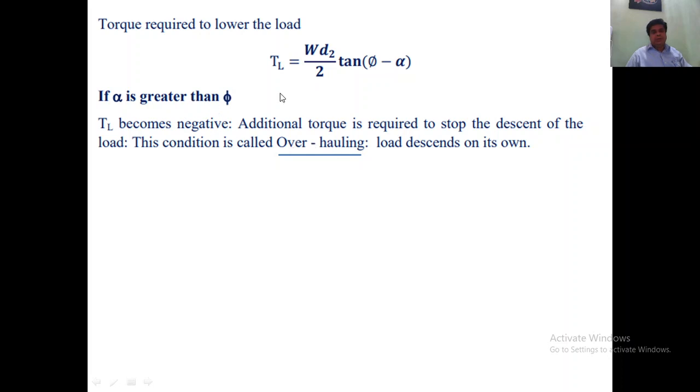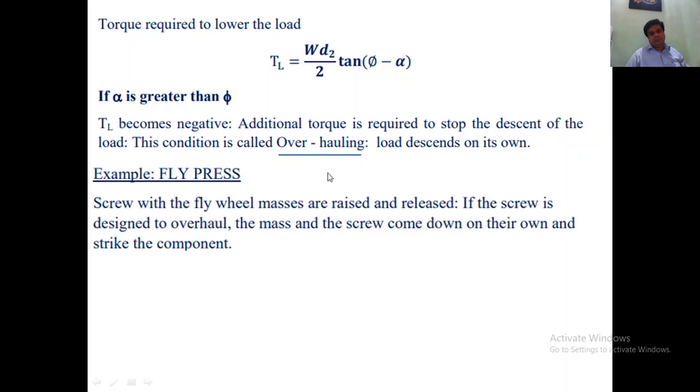That means when alpha is greater than phi, the load which has been raised will lower itself. That condition is called overhauling. So the load descends on its own here. That is the condition for overhauling of the power screw. An example is the fly press, usually used in printing presses to press particular stationery.